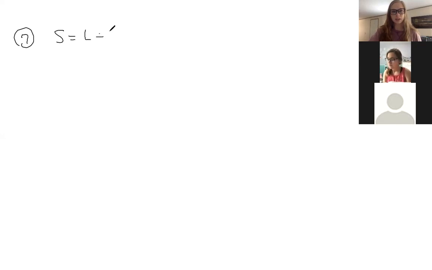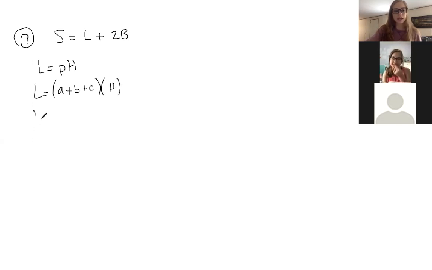It's the same as the rectangular prism. So let's find the lateral surface area first, which is perimeter of the base times the height. But now the base is a triangle, so the perimeter of a triangle is just all 3 sides added together times h.